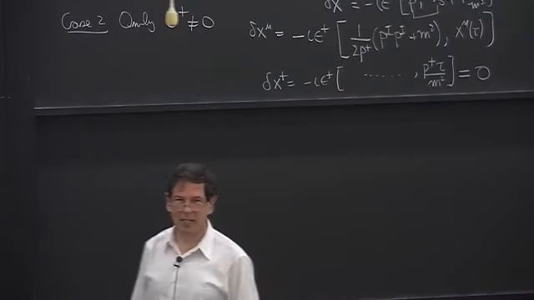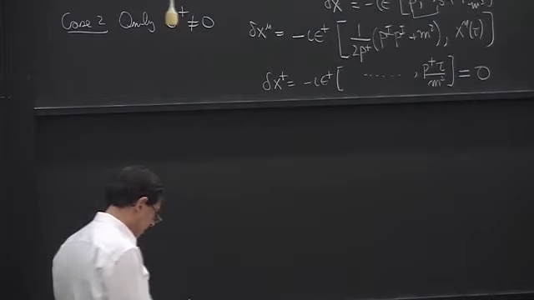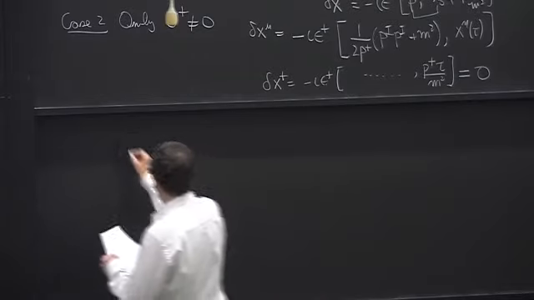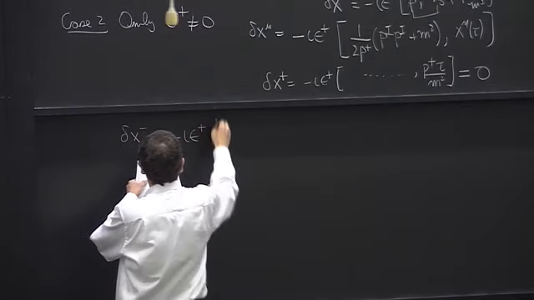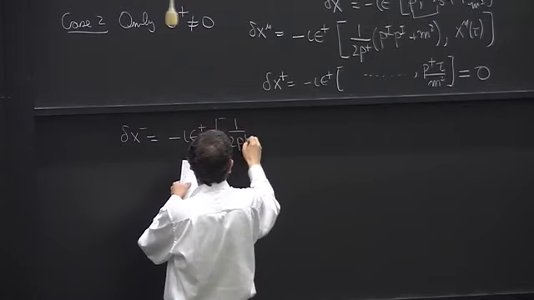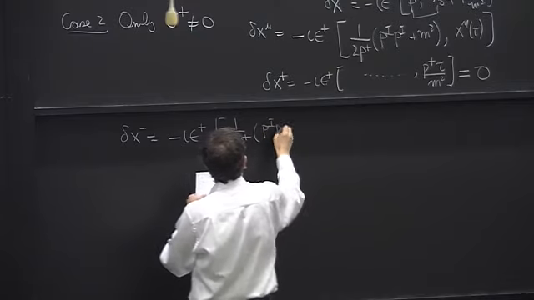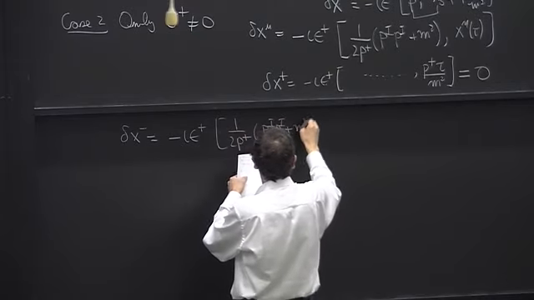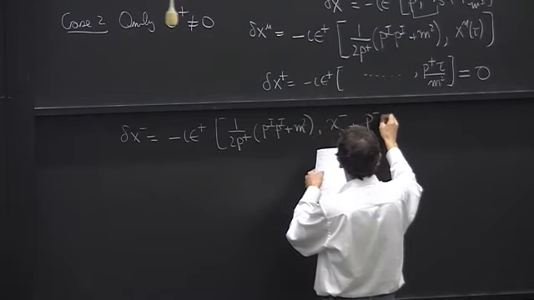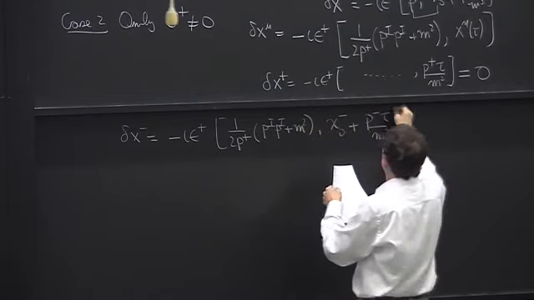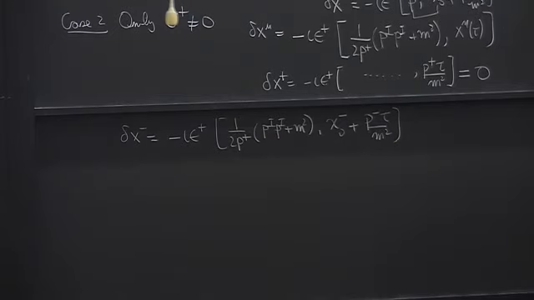Doesn't seem to be translating. Okay. Let's do delta x minus. It's minus i epsilon plus 1 over 2 p plus, pi pi plus m squared, with x0 minus plus p minus tau over m squared. So we've put x minus there. And this one should be 0. We shouldn't translate it. Let's see.